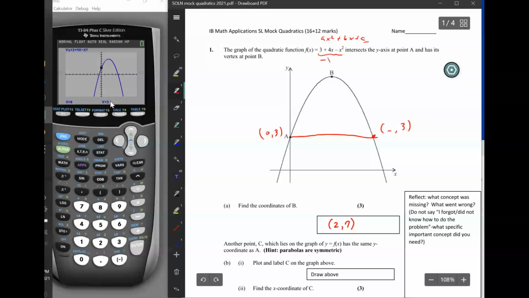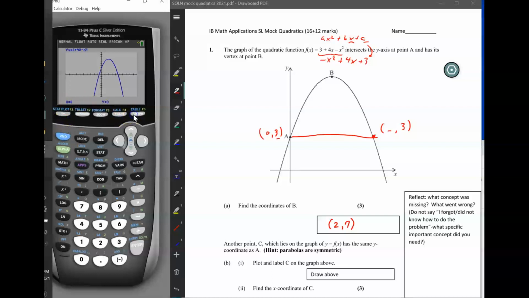So if we reverse it and put negative x squared first, plus 4x second, and then plus 3, this would be ax squared plus bx plus c form, and in that case we know that the c value is equal to 3, so the y-intercept is 3. Another way you could do it, the last way, is to do second table. If we do second table, we can see that at the x value of 0, the y value is 3, so the y-intercept is, once again, 3.